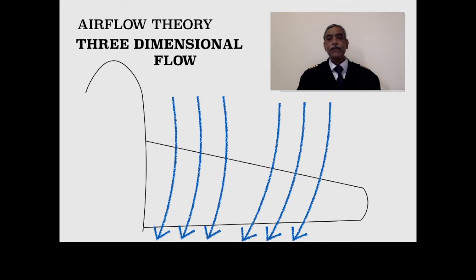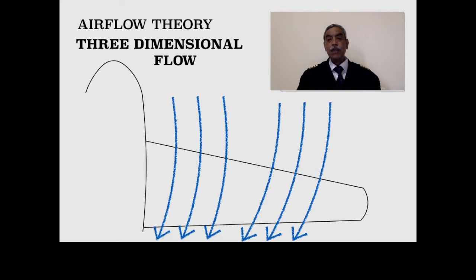Anyway, here I have shown a three-dimensional flow. What happens is the airflow over the wing doesn't follow a straight line. It follows a curved line. As here I have shown over the wing top surface, the airflow is curved towards the inside, the fuselage, and it is curved at different angles at different points in time.